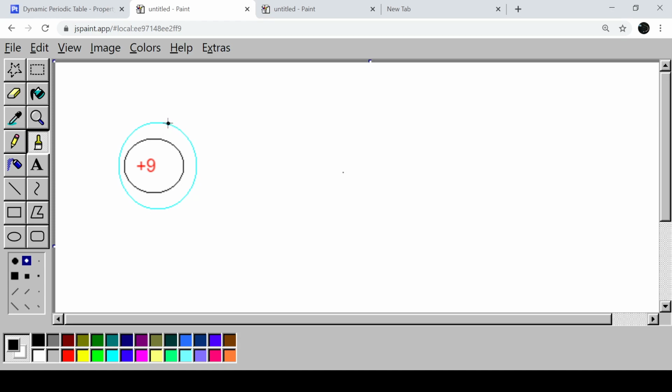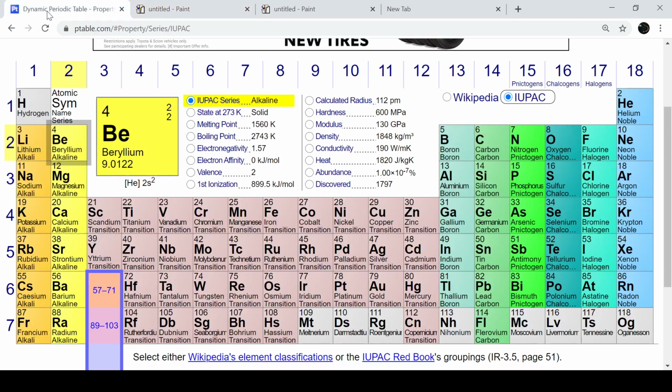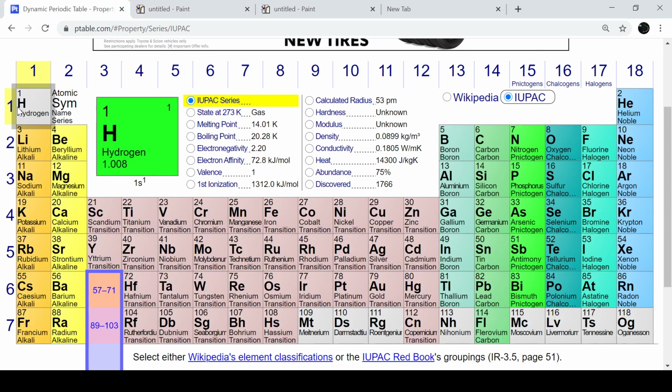The first energy level can only hold 2 electrons. We can verify this: this first energy level right here has 1, 2. That's the most amount of electrons it can hold.